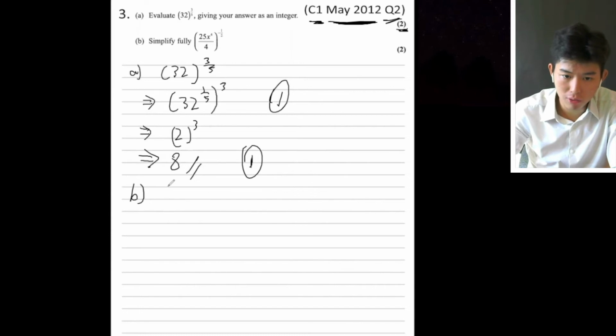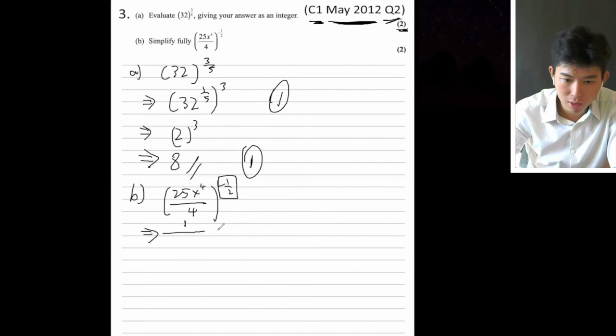So for the part B, slightly complicated, okay? Bracket 25x to the power of 4 over 4, close the brackets, power of minus 1 over 2. Okay, so the next step would be, because this one is a negative sign, what I can do is 1 over brackets, just copy this thing down, 25x to the power of 4 over 4, 1 over 2, because this is a negative sign.